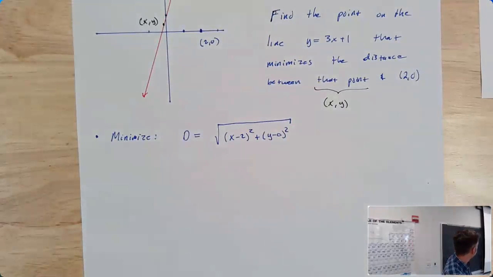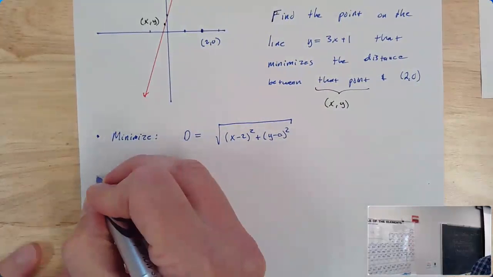And just like before, the thing we want to minimize or maximize has 2 different variables in it. I don't love that. So I'm going to use my constraint. And the constraint here is the fact that that point has to be on the line.